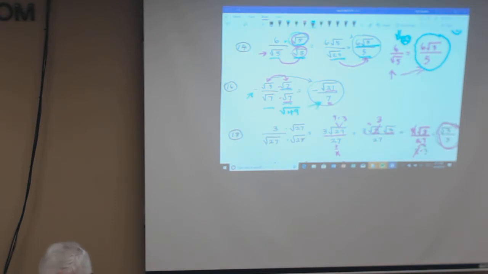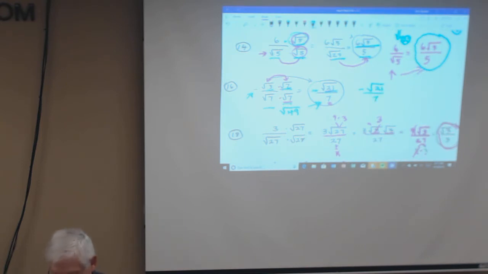So I've rationalized the denominator. Now what's my new numerator? Since both of these are radicals, I can multiply them. Radical 3 times radical 7 is radical 21, and then put the minus out in front of it. And there's your answer: negative radical 21 over 7.